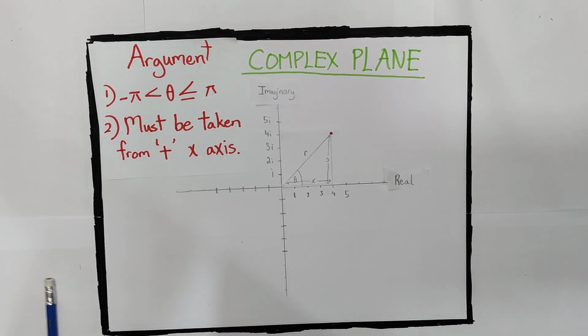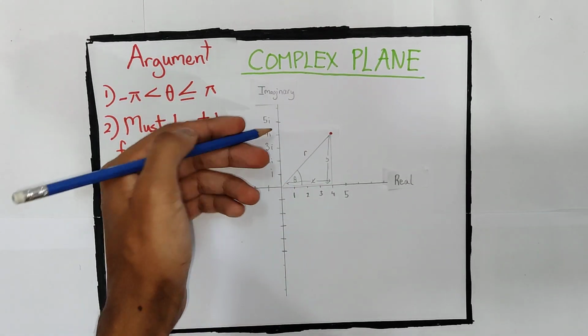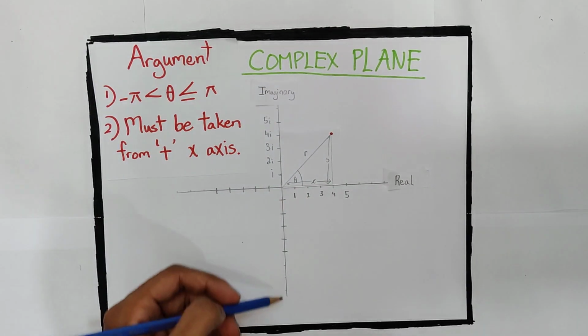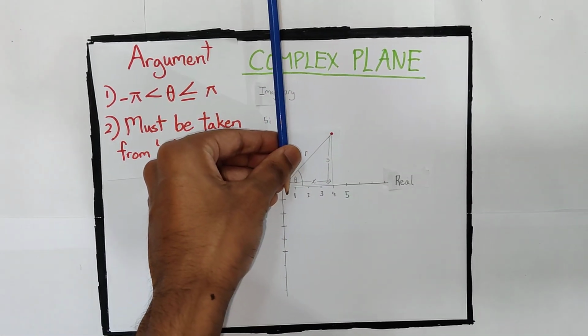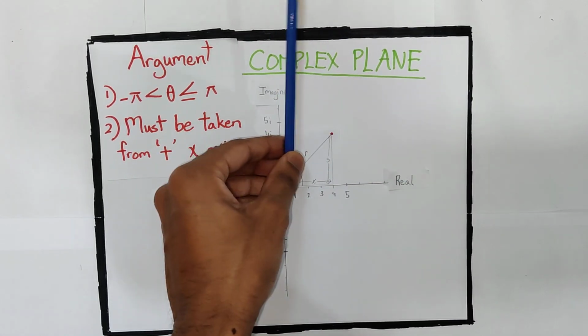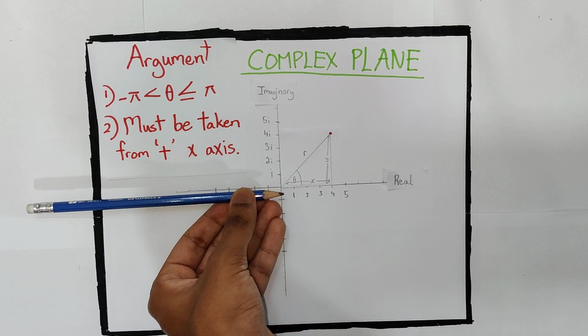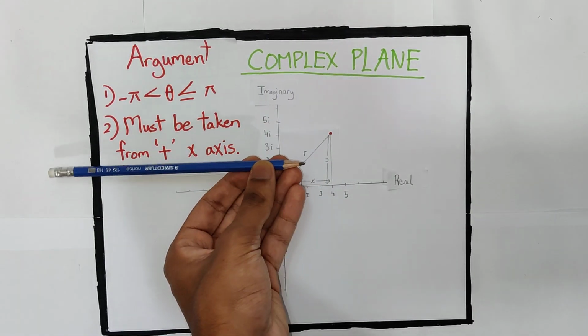So just so we're familiar with the arguments, if a number lies on this line, well, of course, it would be purely imaginary, but it would have an argument of pi over 2, because this is 90 degrees, and 90 degrees is pi over 2 radians. If it was here, it would have an argument of pi radians, because this whole thing is 180 degrees.